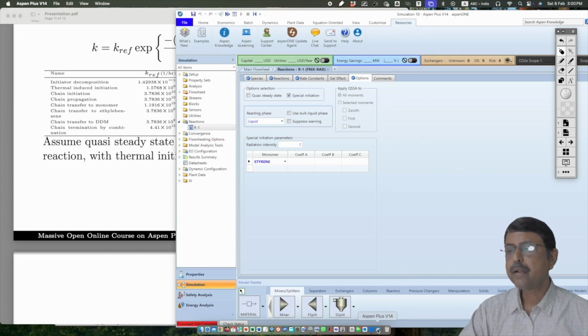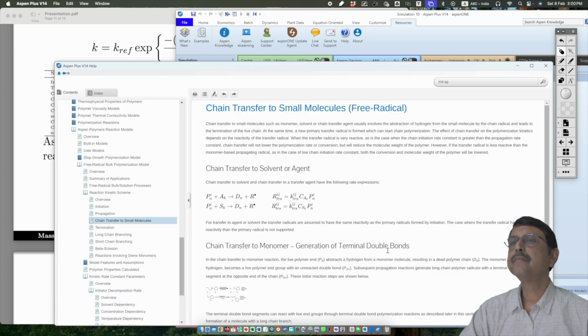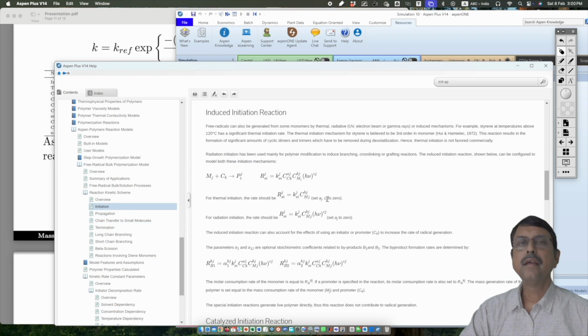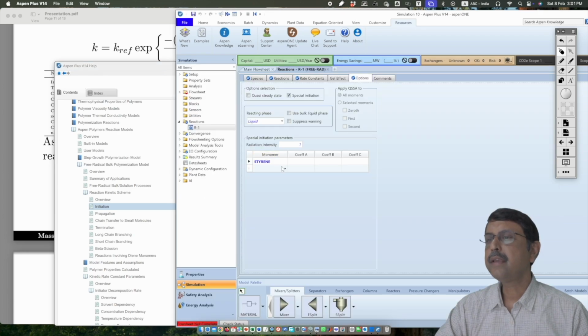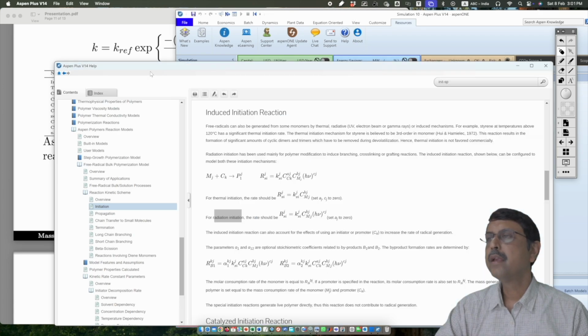Now let us go back to our helpline. Here you can see in the induced initiation reaction, there is thermal initiation and radiation initiation. There are three factors, A, B and C. Coefficient B is for thermal initiation, where A and C become 0, and coefficients B and C are both for radiation initiation, where A is equal to 0.